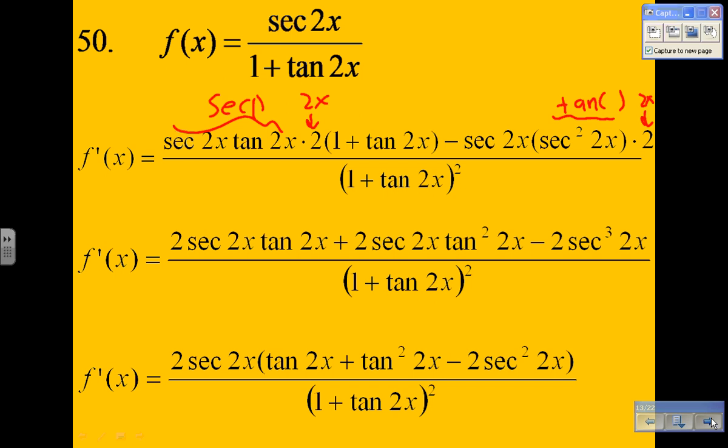Oh, you mean how I was thinking about before? I think Alex had the same thought. Secant is 1 over cosine of 2x. And then tangent would be sine 2x over cosine 2x. Then I thought, oh, I could have multiplied by cosine 2x in the numerator and denominator.